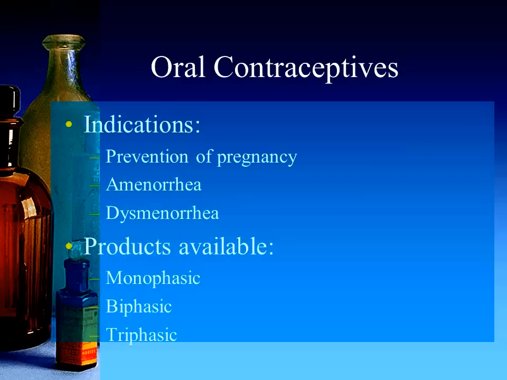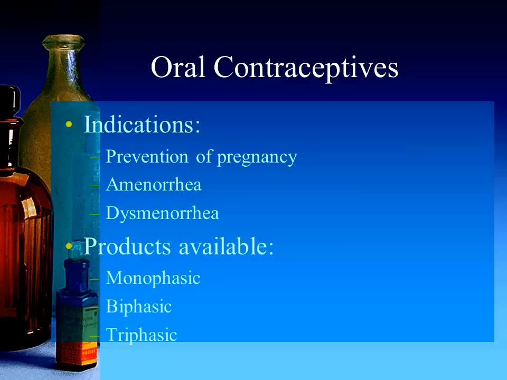A little note: you may hear terms such as monophasic, biphasic, and triphasic when you're hearing about oral contraceptives. Monophasic means that there's one fixed amount of estrogen in each pill. From 0 to 21, they get the exact same amount of estrogen, and then for the next week, there's usually no estrogen.